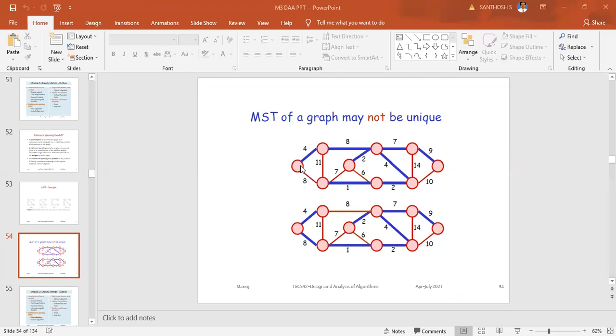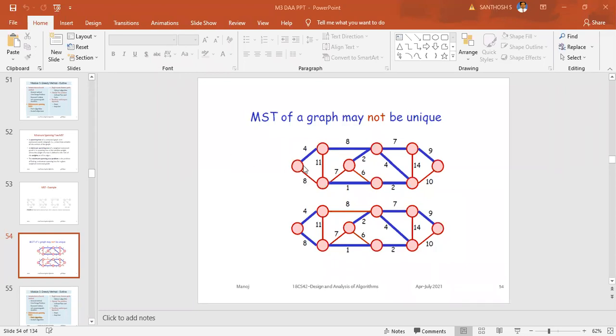From this node, one path is going at 4, the other one is going at 8. Which is the minimum one? Answer in the chat box.